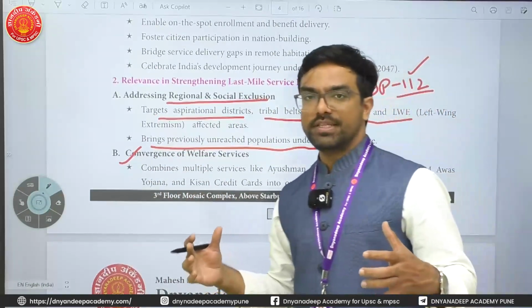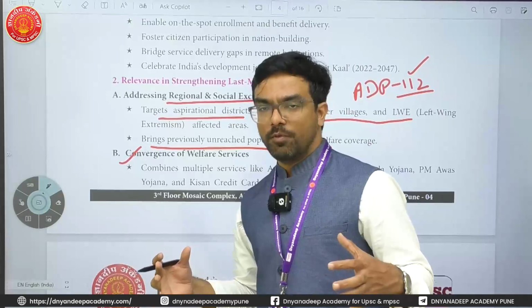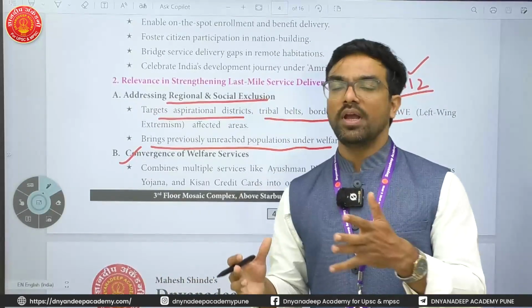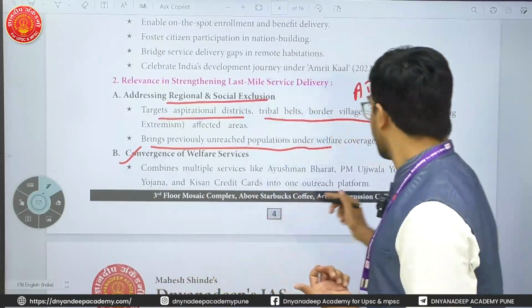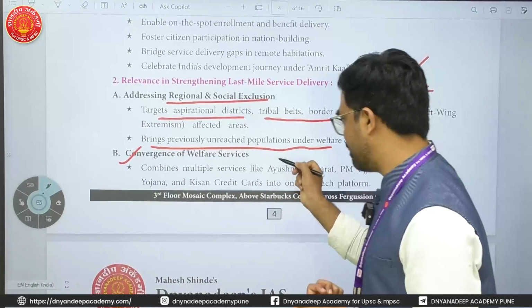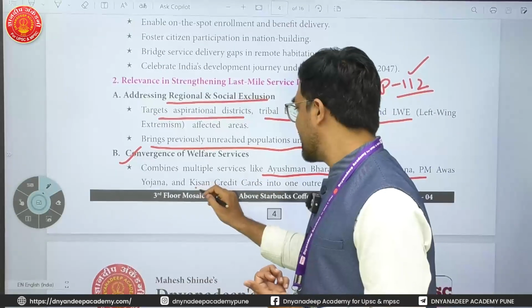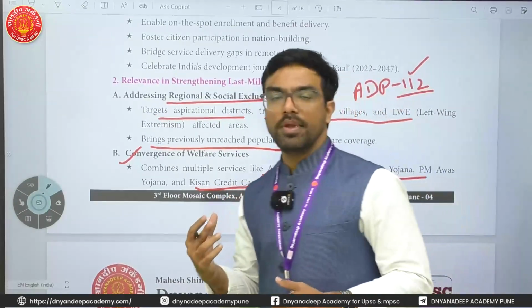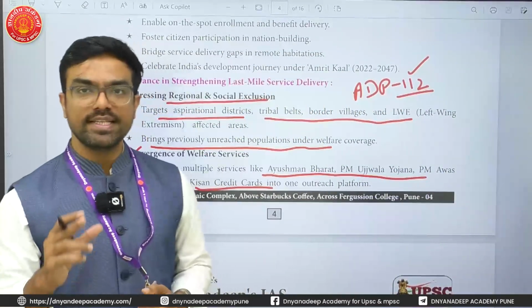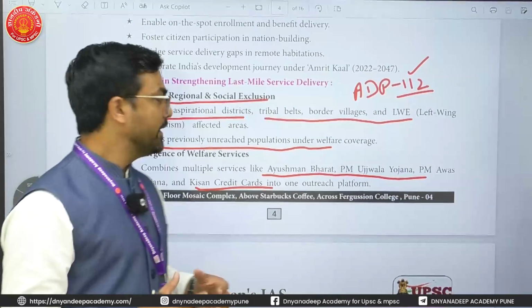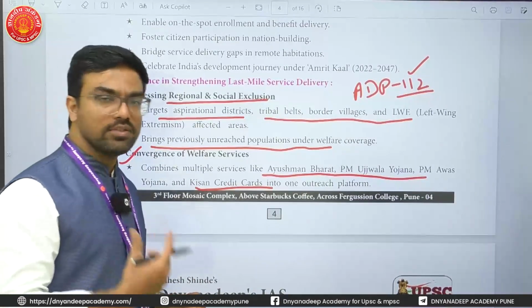Viksit Bharat Sankalp Yatra is taking multiple services on the same platform to the remotest areas, like Umang, and government initiatives like Ayushman Bharat, PM Ujjwala, PM Awas, Kisan Credit Card, all being provided on a single platform, right? So it's a convergence of various welfare schemes.